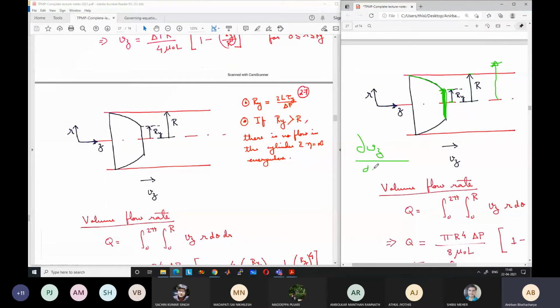Now at the boundary, Vz has to be 0 because of the no slip condition. So if at the boundary Vz is 0, everywhere else Vz will also be 0 because del Vz del r is equal to 0. So there won't be any flow.